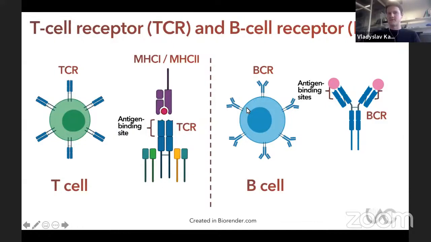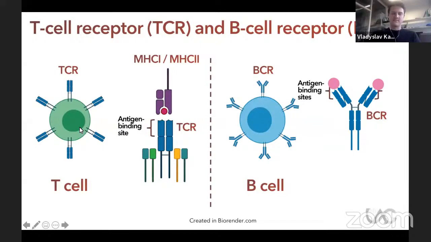So let's just recapitulate and summarize what we talked about on this slide. The T cells have TCRs and they enable them to recognize an antigen. B cells have BCRs and they enable them to recognize their antigen. As you can see, these TCRs and BCRs are proteins that are located on the surface of B or T cells. And these proteins, in order to be synthesized, should be coded somehow, yes?